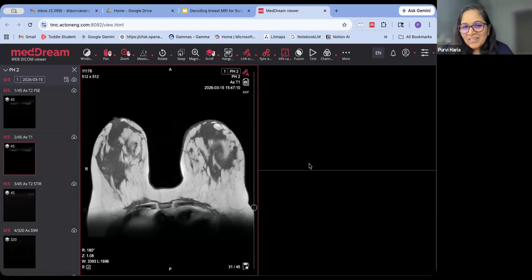So I don't have experience with MR elastography, but I do have experience with ultrasound elastography for assessment of response. We have a study which is going on.